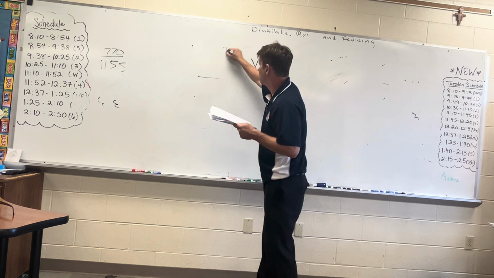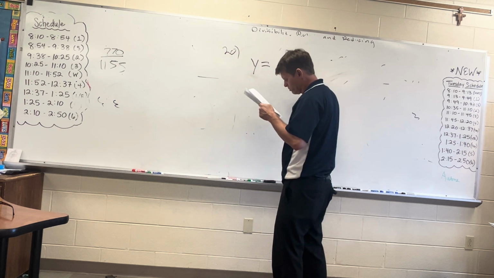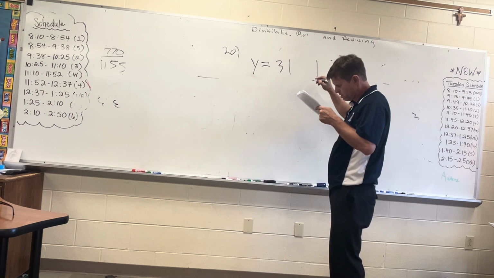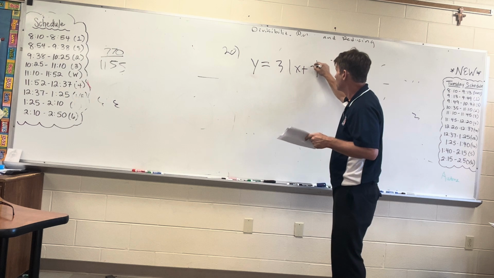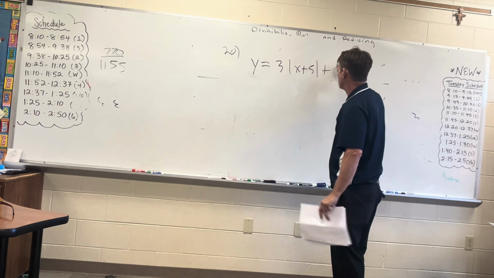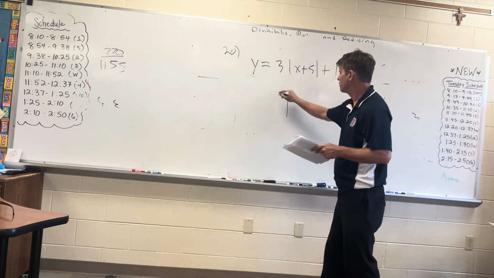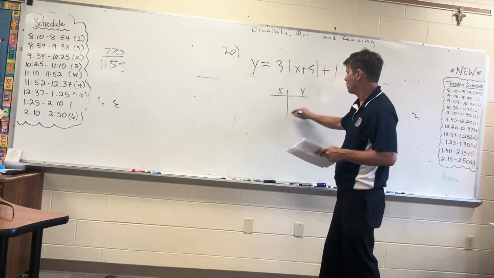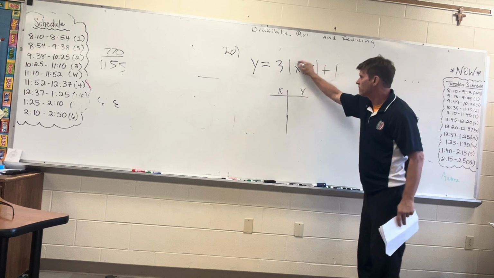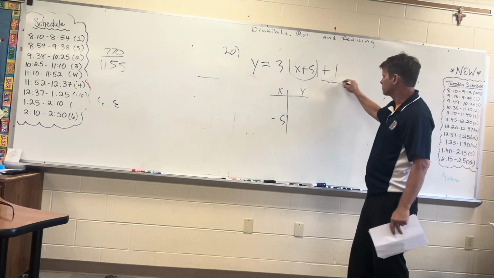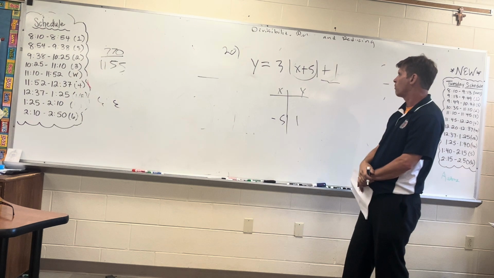The equation y equals 3 absolute value x plus 5 plus 1. First it says, what's the vertex? Here we got x, we got y. The vertex is whatever zeroes that out, so negative 5 is x, and then whatever's left over there, that's the y value.